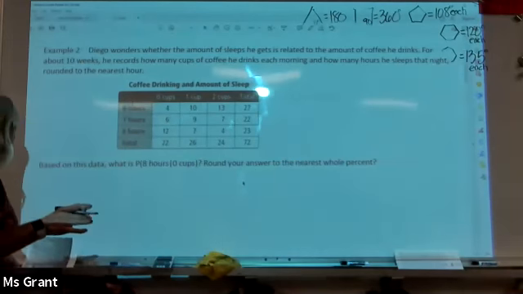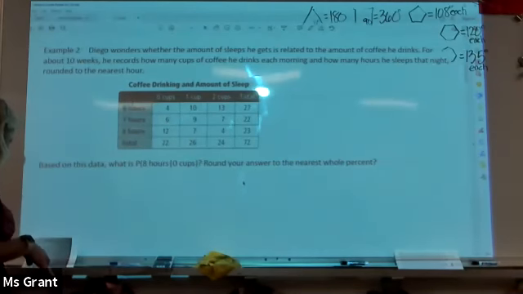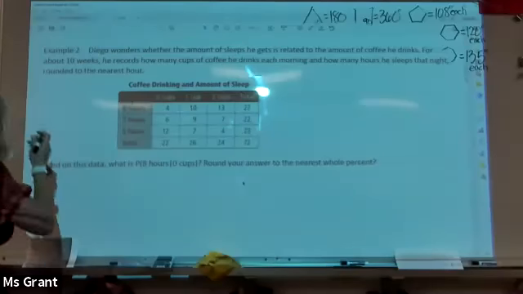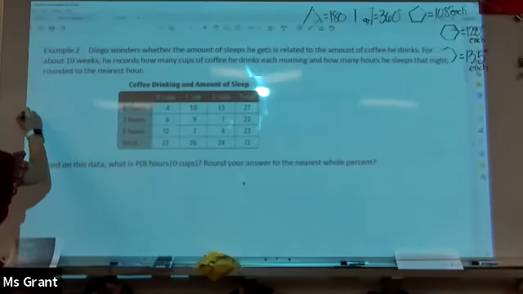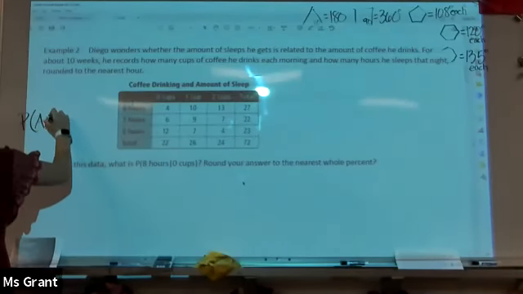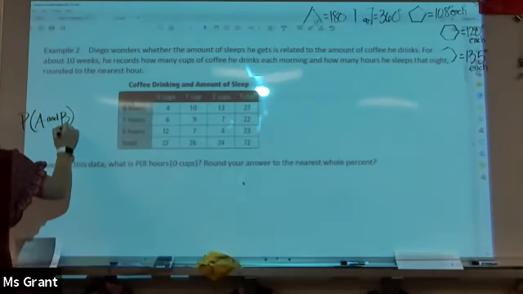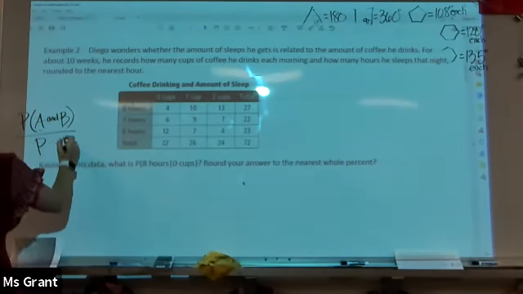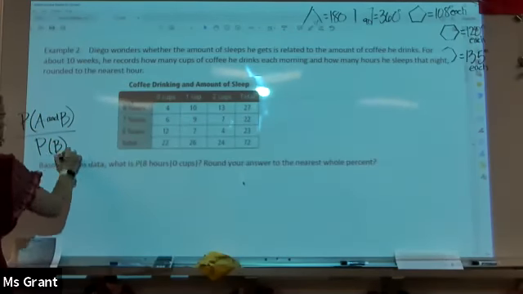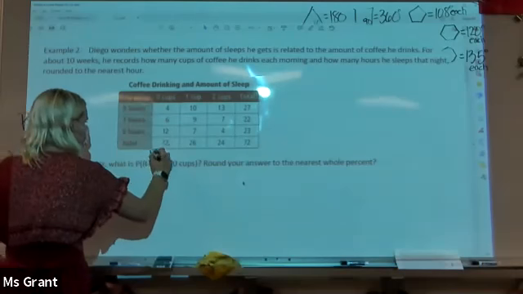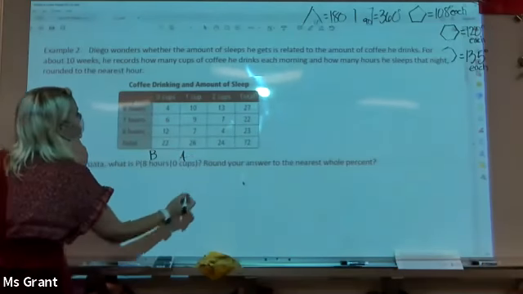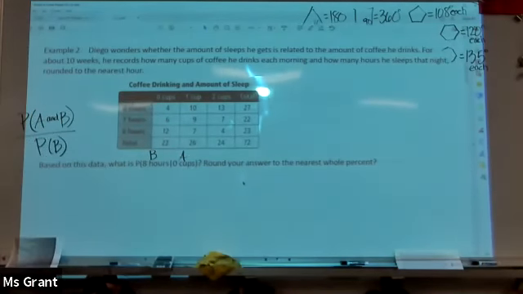Based on the data, I want to know, and this is going to be my formula from up above, ready? The probability of A and B divided by the probability of B, A, my cups versus my hours, okay?